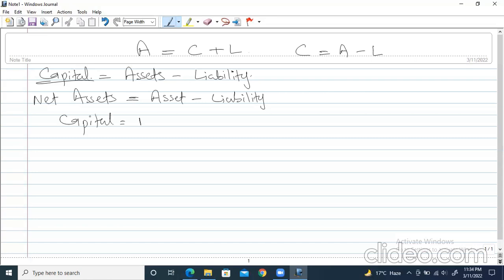In other words, we can call capital net assets as well, because both formulas are the same over here. Net assets is assets minus liabilities. Capital is also assets minus liabilities, right? So in short, I can call capital net assets as well. This is the thing that we need to understand over here.